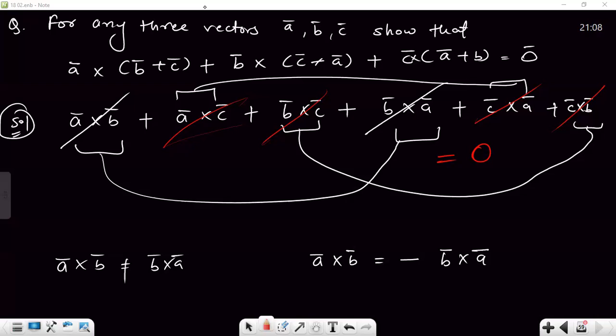Any questions, doubts? No, sir. Okay. How much are you enjoying this chapter, vectors? Not so much, but it's better. Okay, sir. It's better. Because I hate vectors in physics. That's why. Okay. What do you think? What's wrong with vectors?